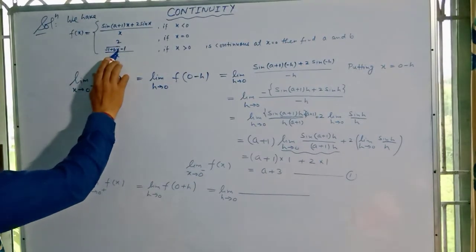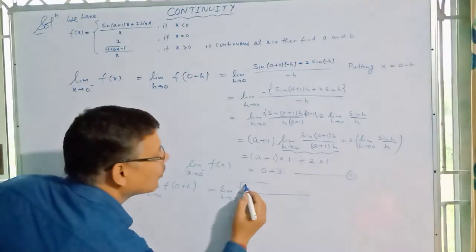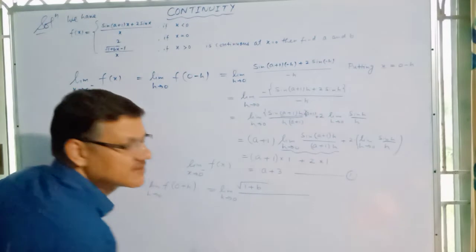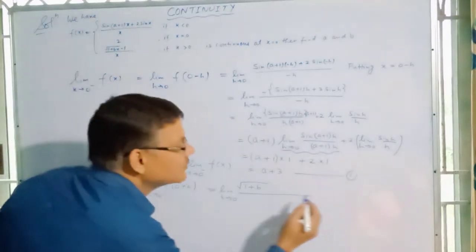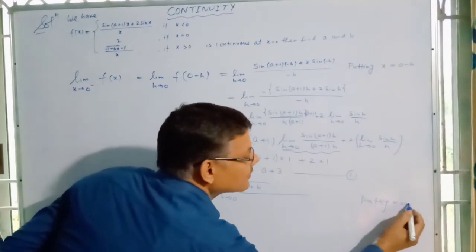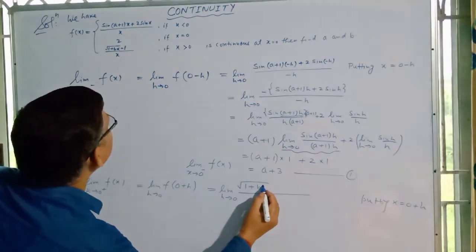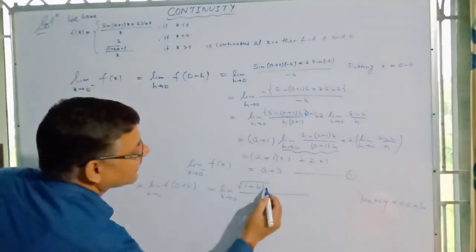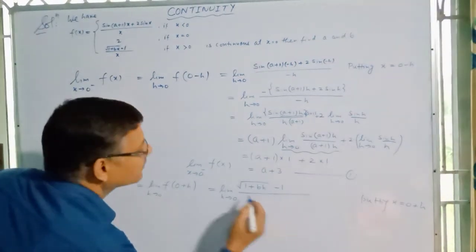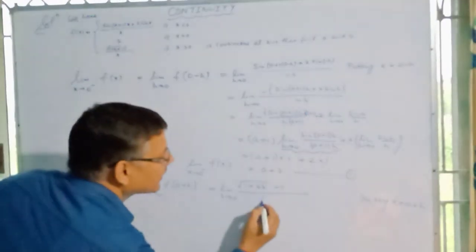Putting x equal to 0 plus h, we get root over 1 plus b at the place of x, we put 0 plus h. So here we get b into (0 plus h), that is h, minus 1, and at the place of x again 0 plus h, that is h.